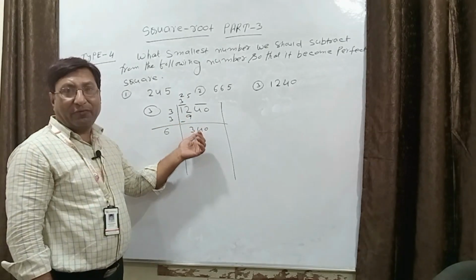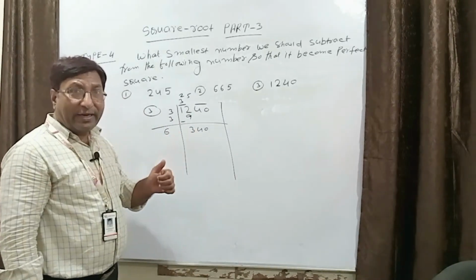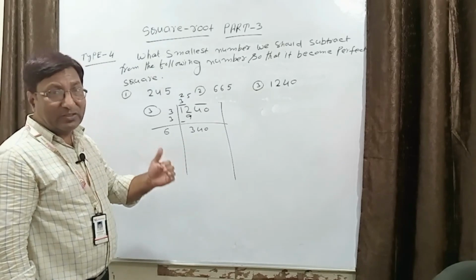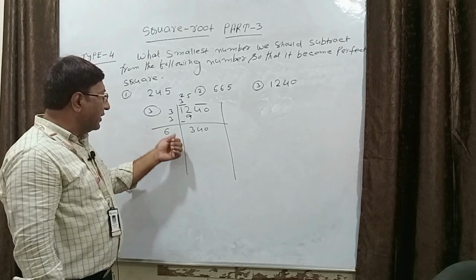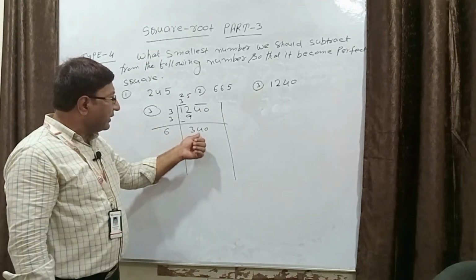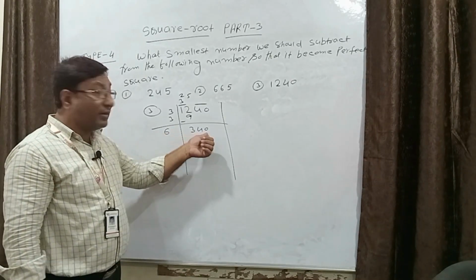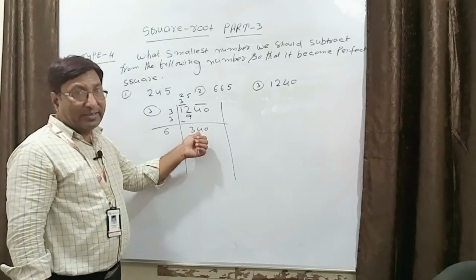Now this is 340. Now check which number we divide by so that it gives either 340 or slightly less, not greater. So we check first 5. 5 5 are 25, 5 6 are 30, 32, 3 2 5. If we go for 6, 6 6 are 36, and 6 6 are 36, 3, 39, 3 9.